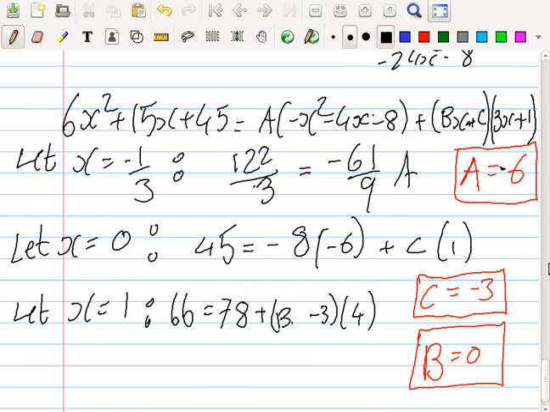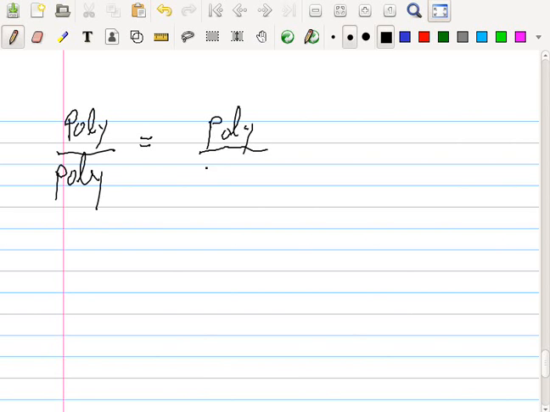So, can I just go to a new page? Yeah. So maybe just to recap all our little skills we put together. You start off with a polynomial over a polynomial, and which one has the bigger power? The denominator has the bigger power. So what you do is you change this into a polynomial over factors.